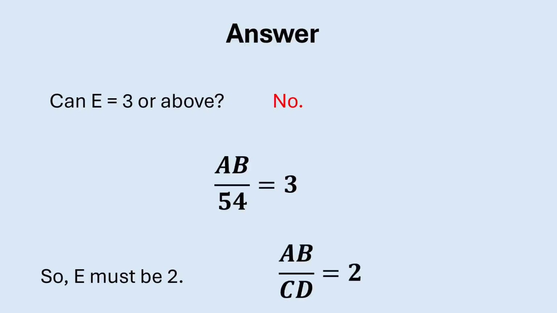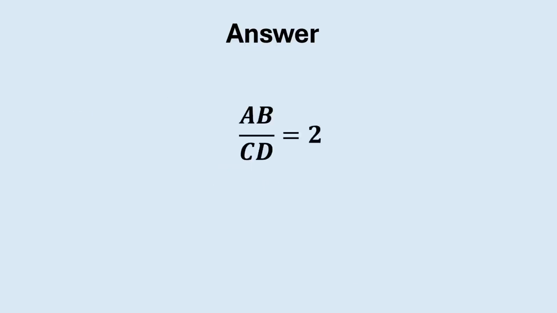So that means AB divided by CD is equal to 2. And from here, it is fairly easy to find the values for A and C, because C is greater than D, and the minimum value it can take is actually 4. And in that case, it is most likely for A to be 8. And C cannot take the value 5, otherwise AB will be a 3-digit number again.